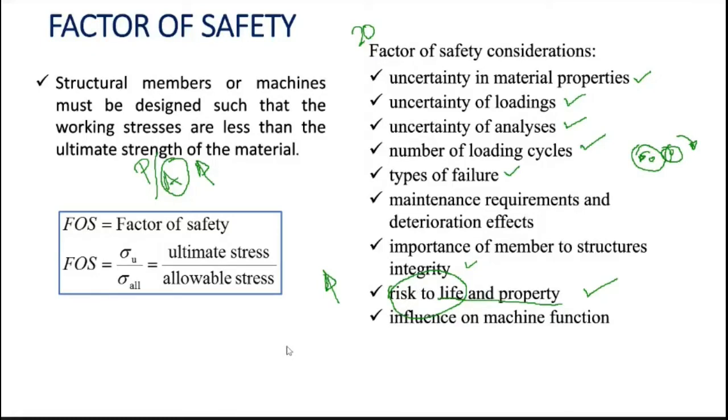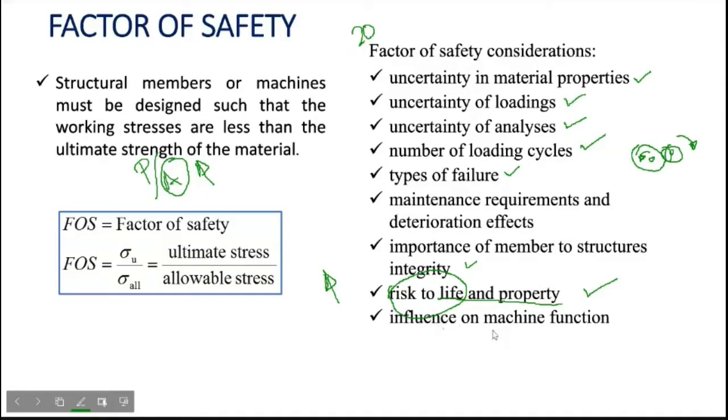A small case. Maximum, the back will hurt slightly. That's it, right? But if a plane crashes, life will be lost, right? So life, that is very, very important. So your factor of safety should be less in a chair, and very, very much higher in your aeroplanes. So that is what is important.